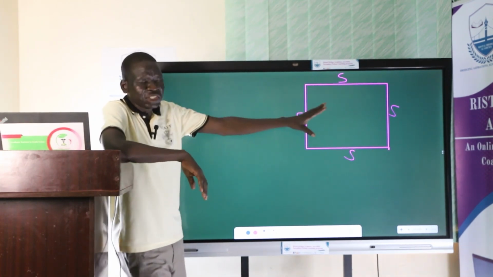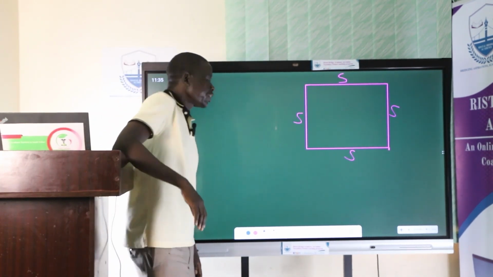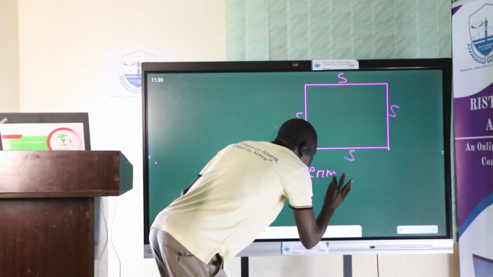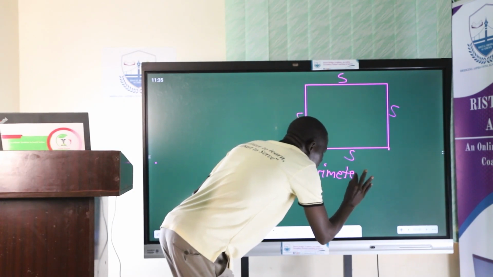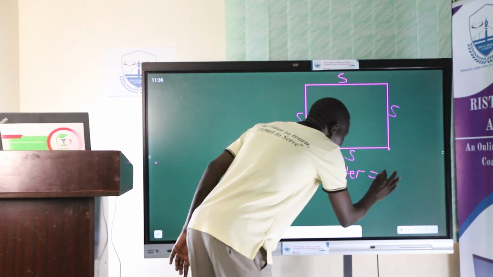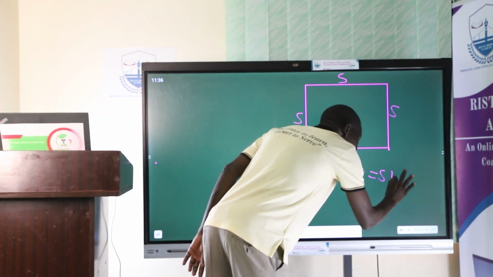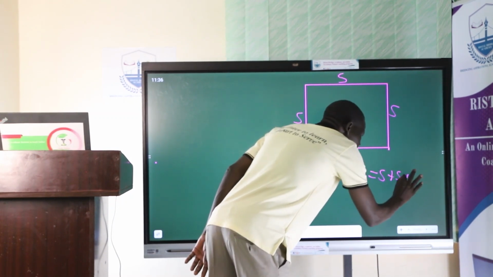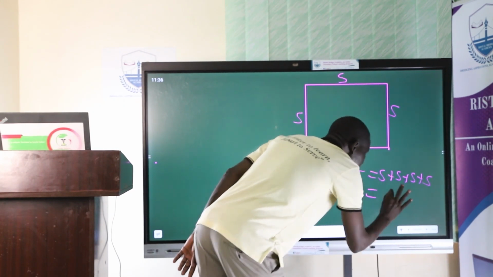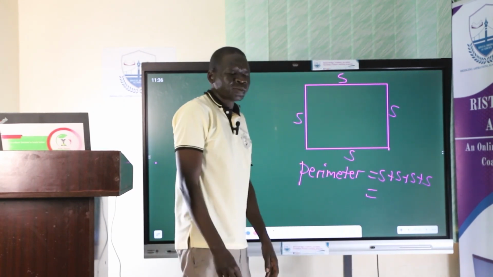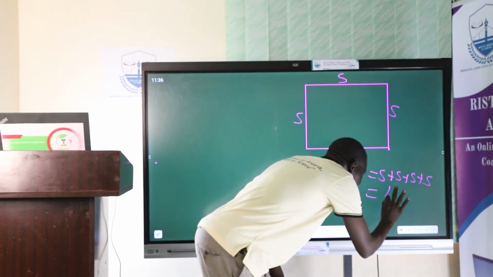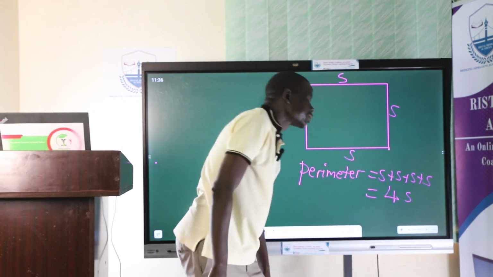Since there are four sides and they are equal, the perimeter of the square will be equal to a side plus the other side plus another side plus the last side. So you can see that there are four sides there, and s plus s plus s plus s will give 4s.